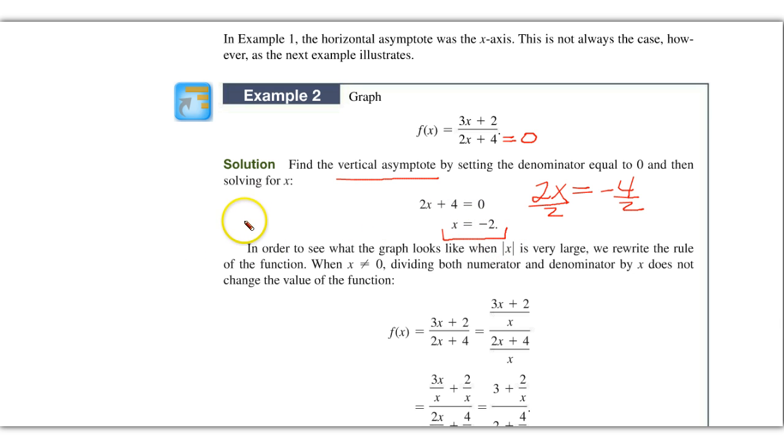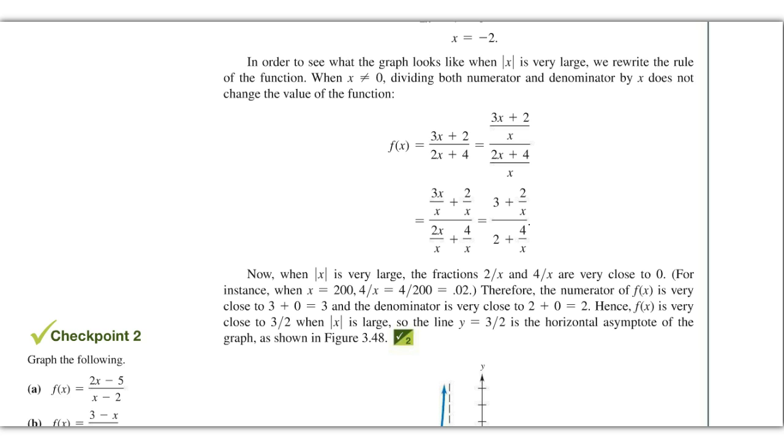But what is our horizontal asymptote? Now, the textbook goes through a rather elaborate procedure to build this, but the shortcut to it is, if this is your original item and you look at the coefficient of your variable, which is 3 here in the numerator, and is 2 here in the denominator, your horizontal asymptote will just be the ratio of these two numerical coefficients.